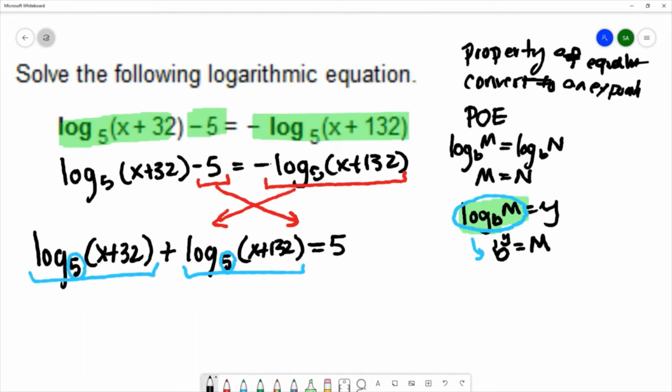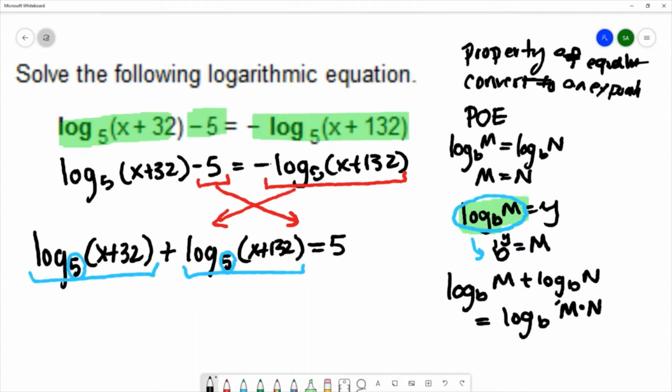So the property that we're going to be using is called the product rule for logarithms, and it looks like this: log base b of m plus log base b of n. So we're adding logs of the same base, and you can condense by using the product of what's inside of the logs, and that's why it's called the product rule.